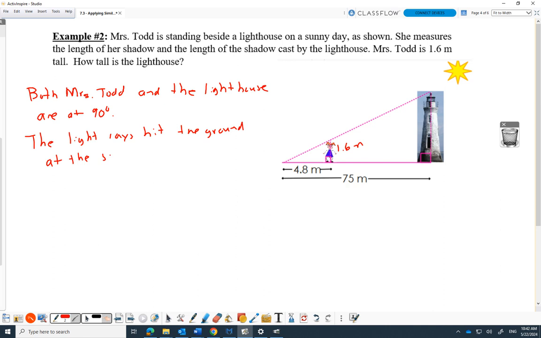And in the case of the diagram, I hope you really are convinced that's true, because we made Mrs. Todd stand right in the line of the shadow, like she's in the perfect spot. Therefore, the two triangles are similar.